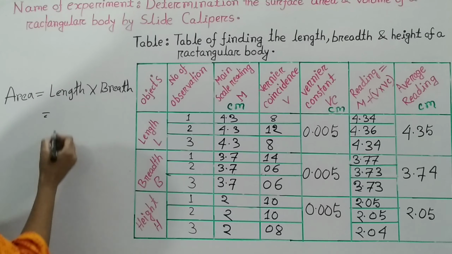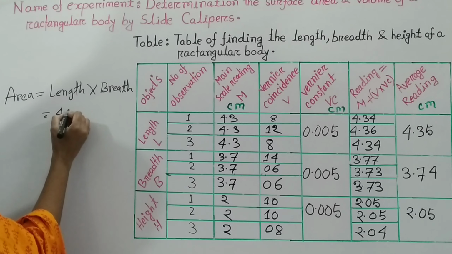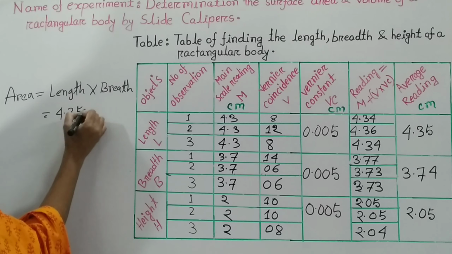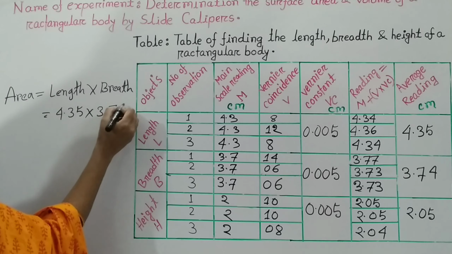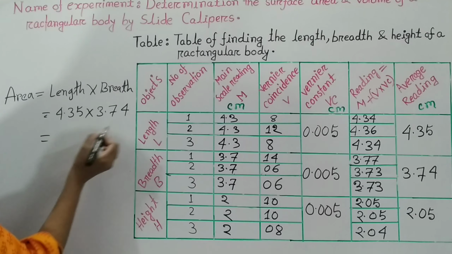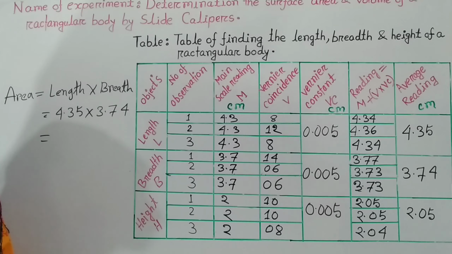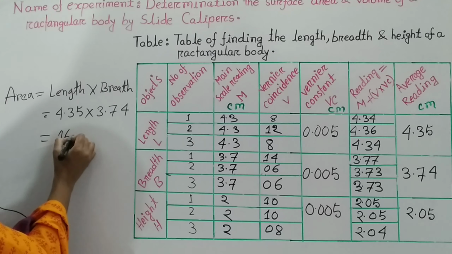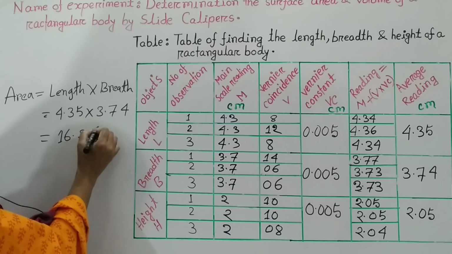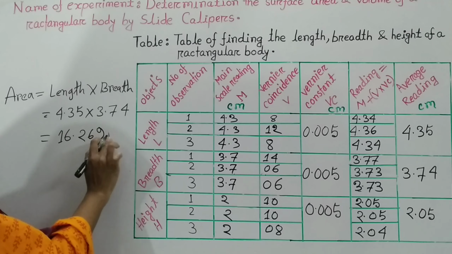The value of length is 4.35 and the value of breadth is 3.74. After calculating it, you will get the area as 16.269 centimeter square.